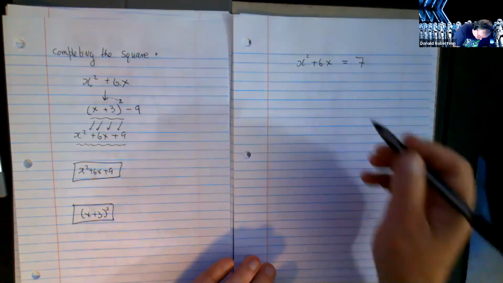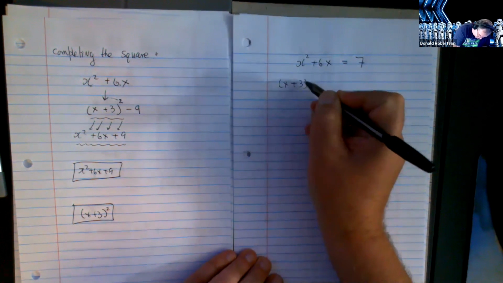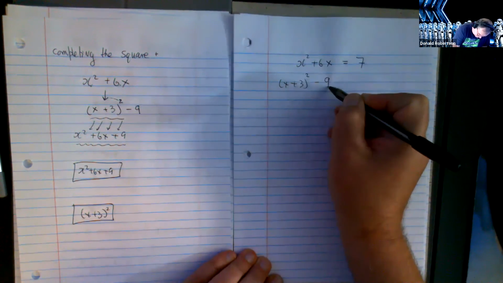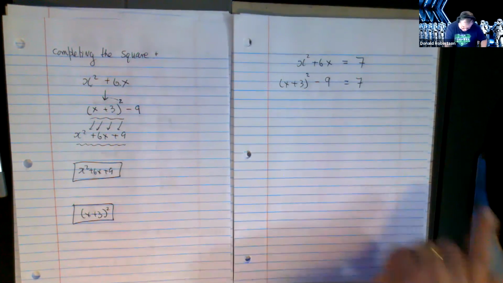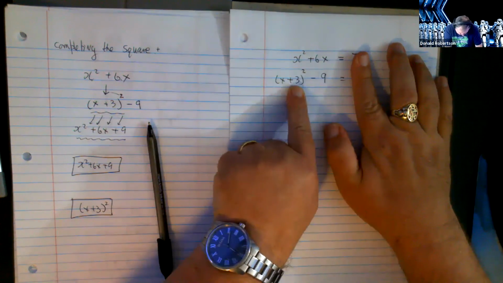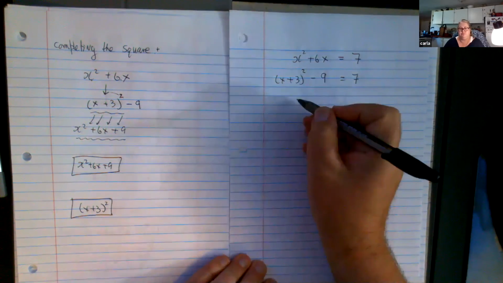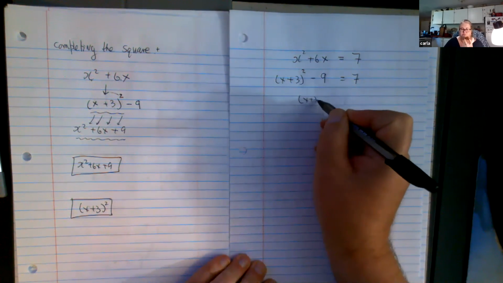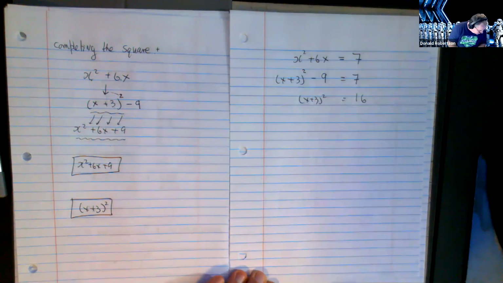What I would do is half the number of x's, 3, square it and subtract. And now if you add 9 to both sides, you have that.